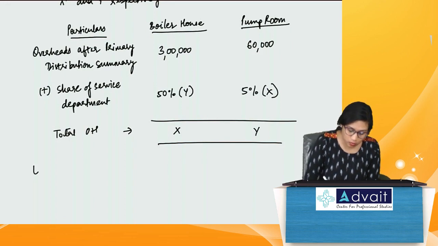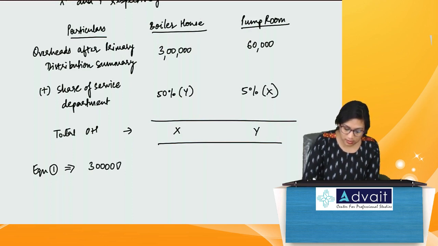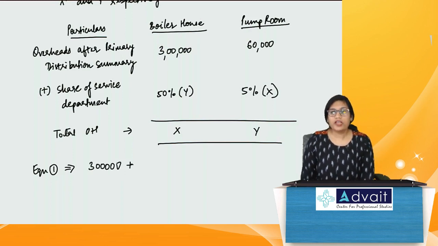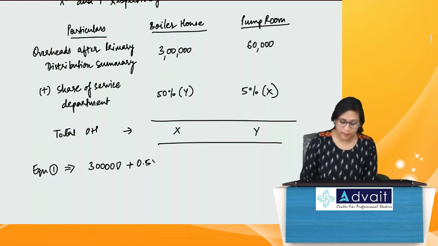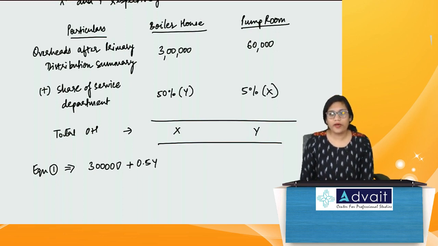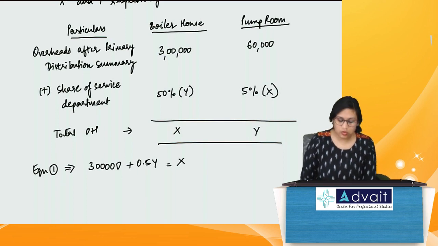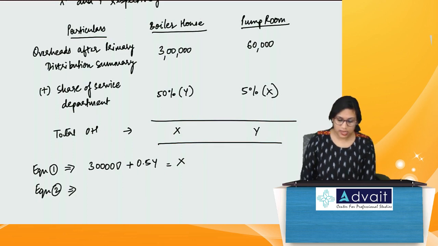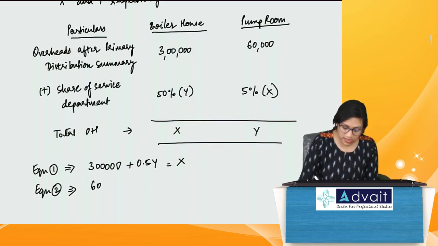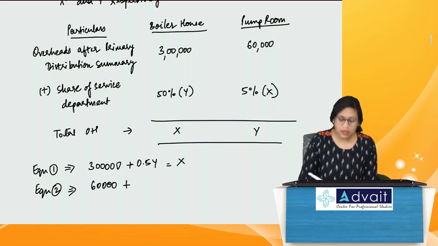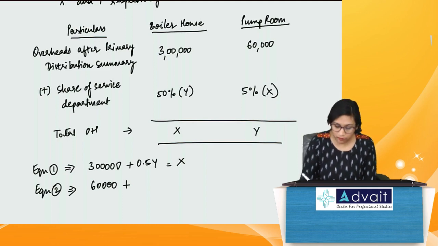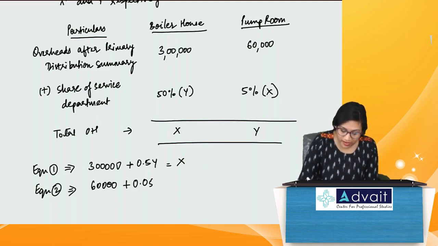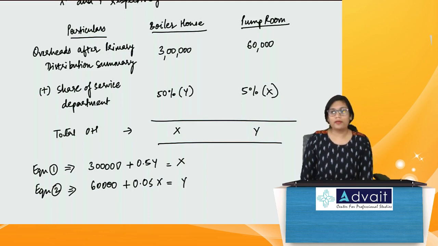So equation 1 is nothing but 3 lakhs plus 50% of Y, can I write 0.5y, equals X. Equation 2: 60,000 plus 5%, can I write 0.05, so this will be 0.05x equals Y.